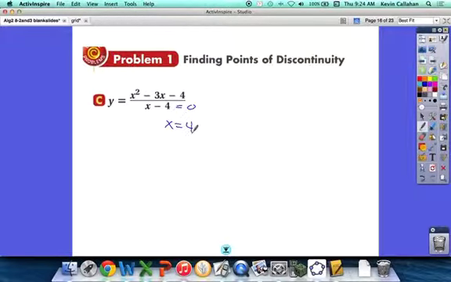So you would say there could be a vertical asymptote at x equals 4. What is the domain? It's not equal 4. Right. You exclude that one value, right? Because that would lead to a divide by 0. So if you found a vertical asymptote, you put a not equal in front of it.